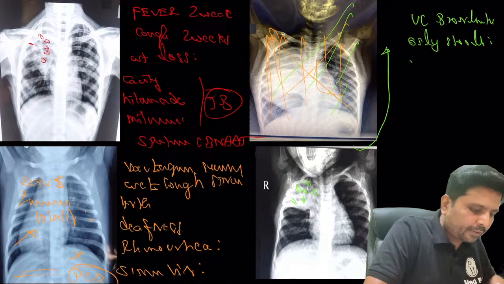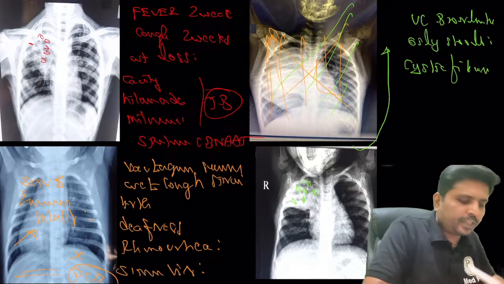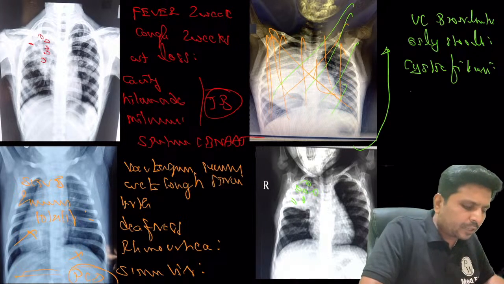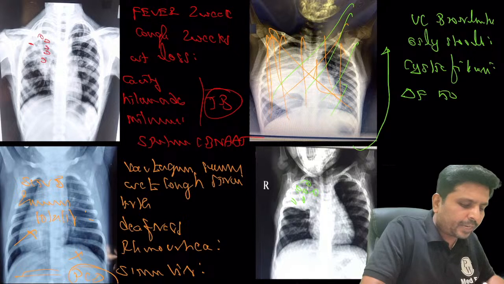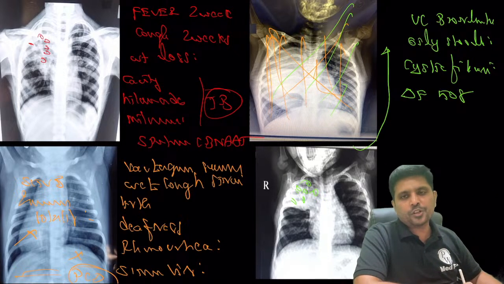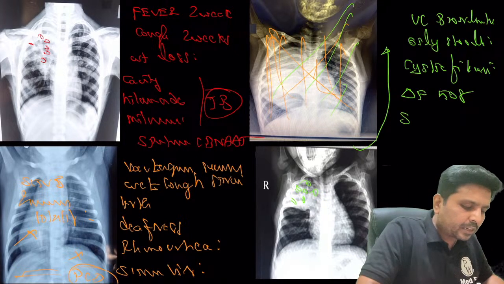Yes, the child is having cystic fibrosis. There are so many mutations, but for my kids, delta F508 mutation. What is the investigation of choice?